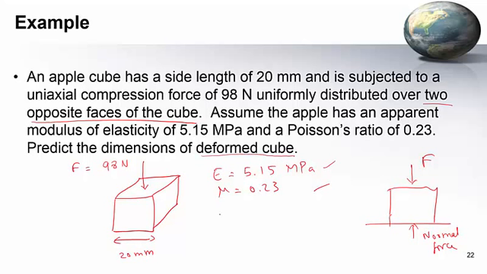So if you can find delta H and delta B, you can determine the new H, new B prime, and the L prime.